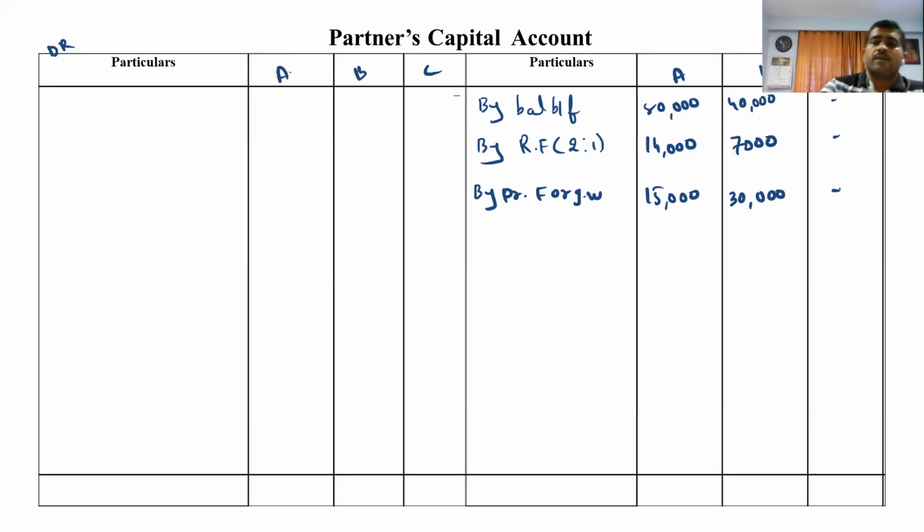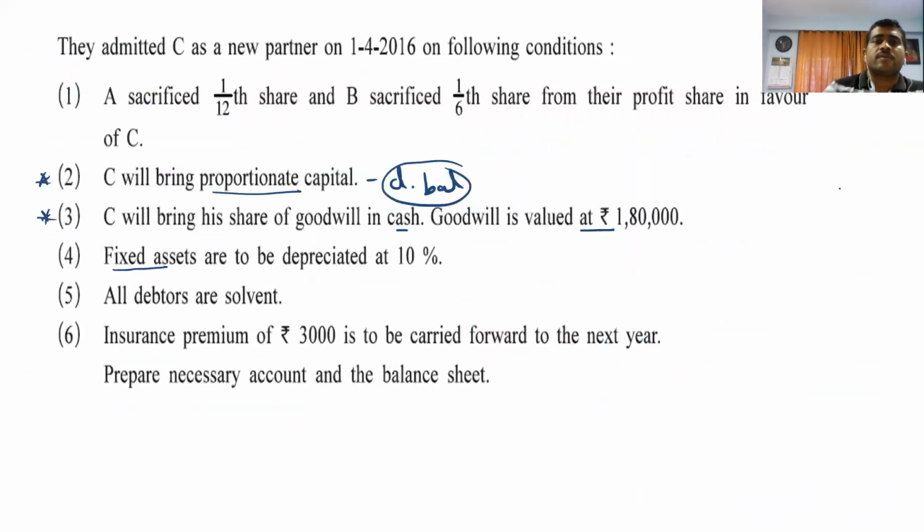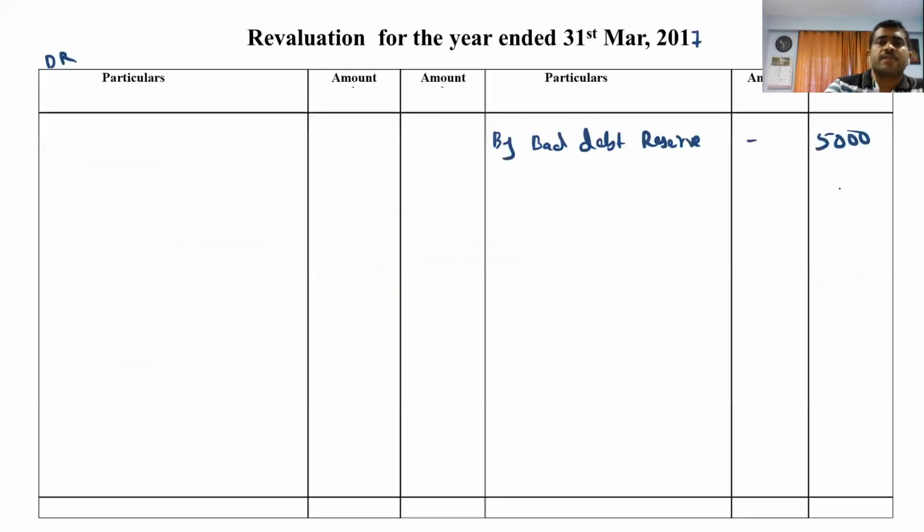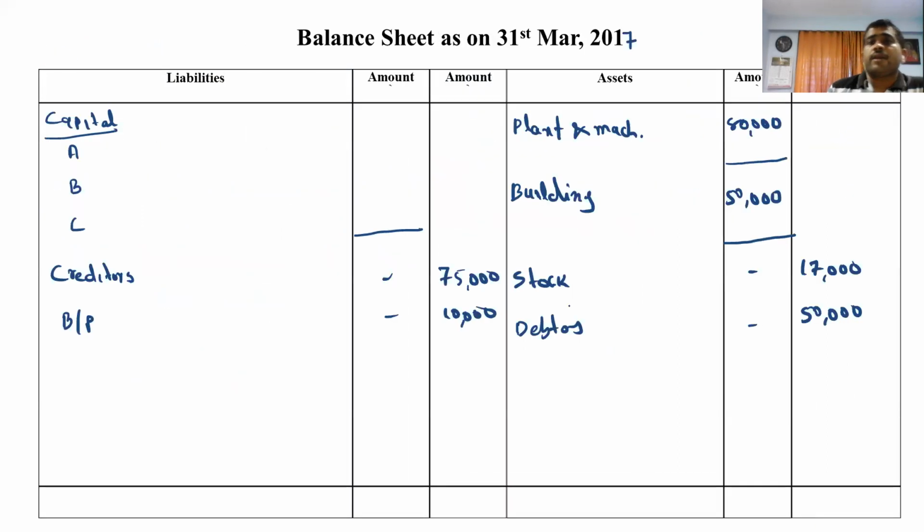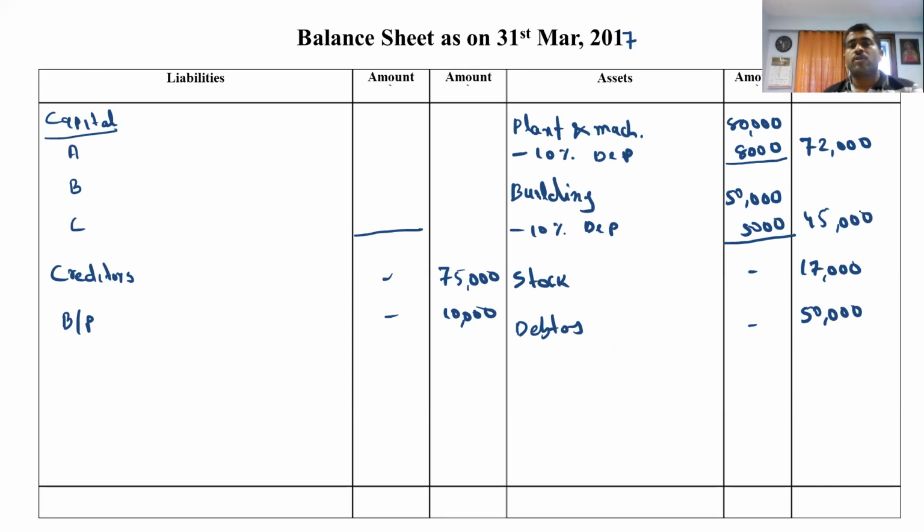Okay. So after that, now fixed assets are to be depreciated at 10%. So come to fixed assets, 10%. So minus 10% depreciation, it comes to 8,000. Here also 10% depreciation, here it comes 5,000. So 80 minus 8, it comes 72,000. 50 minus 5, it comes 45,000. So both we are deducting, so which side do we have to take it to?